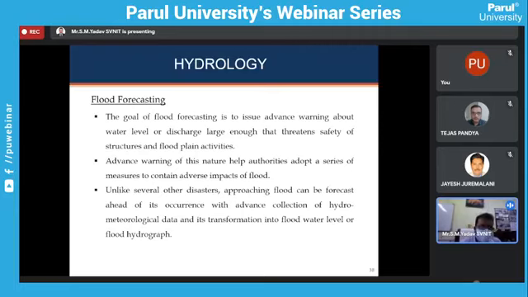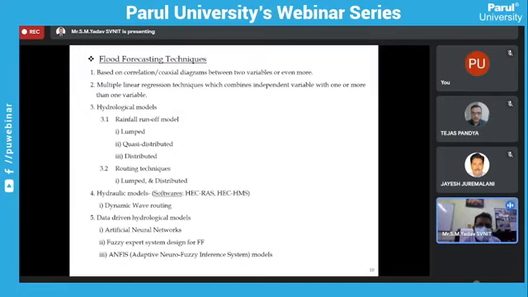By doing this modeling, one can forecast the flood: at what time, how much amount of water will reach. All this is possible by learning various flood forecasting techniques. These include correlation coaxial diagrams, multiple linear regression, and hydrological models, that is rainfall runoff models.